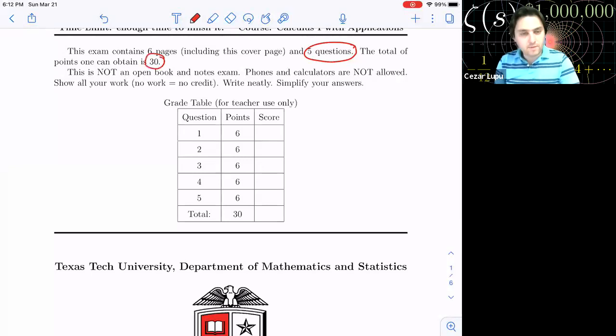I have this grade table here, but usually I won't fill it in, since it will be an online take-home exam. I will put the final grade directly into Blackboard, and you will see it there.